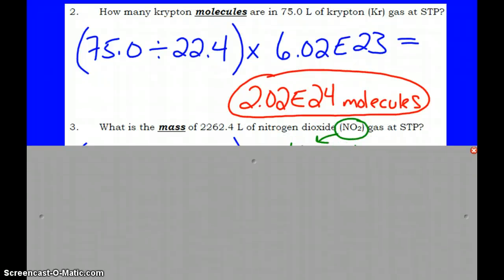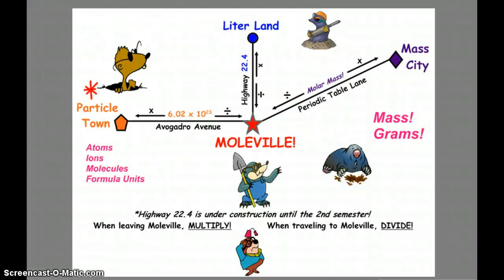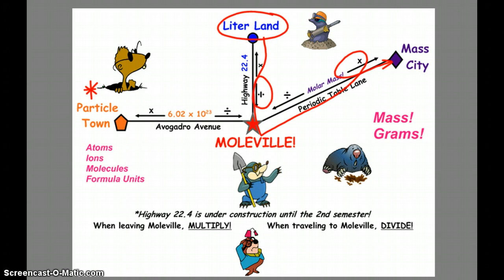Our third question here, what is the mass of that many liters of nitrogen dioxide gas? So again, we know our liters are up here. We need to divide by 22.4 to get to moles, and then multiply by the periodic table to get to mass.